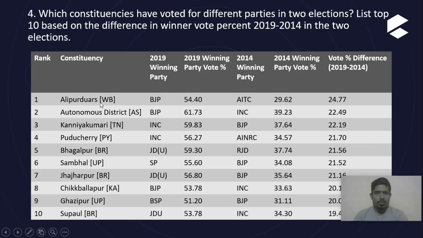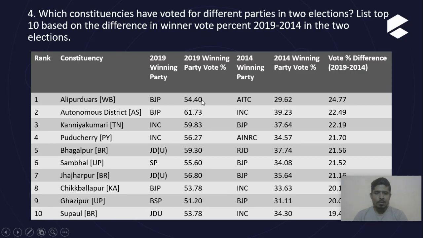So Alipurdwar constituency of West Bengal elected BJP in the 2019 election and gave 54.4% of the total votes of Alipurdwar to BJP. Earlier in 2014, Alipurdwar elected AITC and gave 29.62% of the total votes of Alipurdwar to AITC.